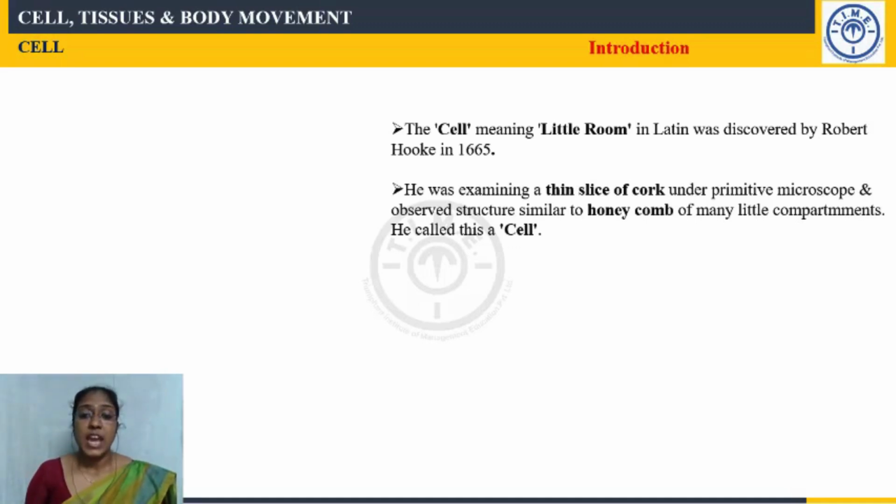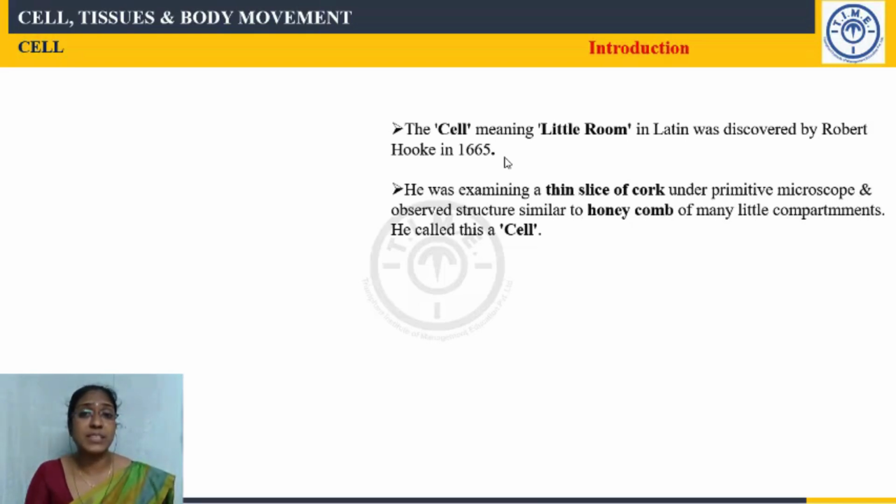A scientist named Robert Hooke in 1665. Who was Robert Hooke? He was an English botanist. Botanist means what? The person who studies plants. So the cell was first discovered by Robert Hooke in 1665.